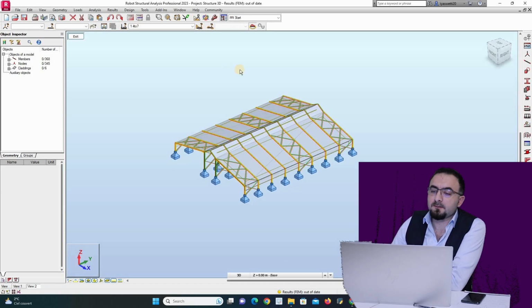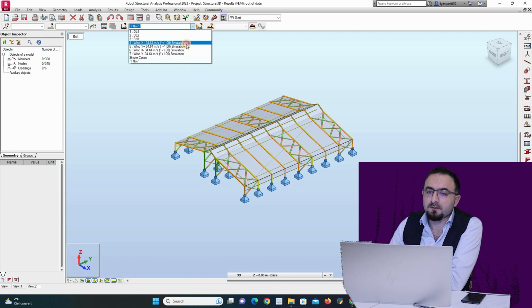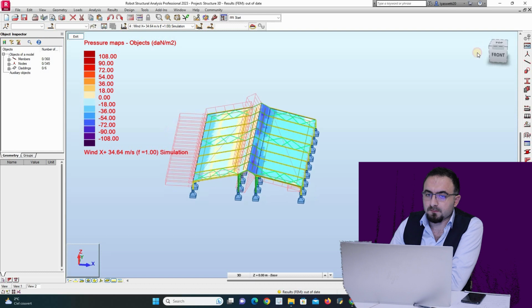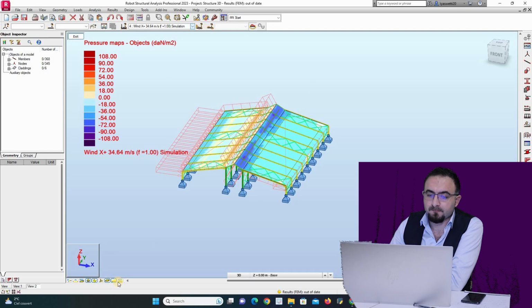So it's finished calculating the wind. We can see the action of the forces.